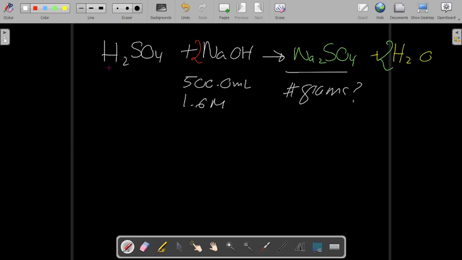It means this one is not going to run out. You don't have to worry about this one. This is the limiting reactant, the one that decides how much product you're going to produce. That's all they give us. They don't give us anything else.